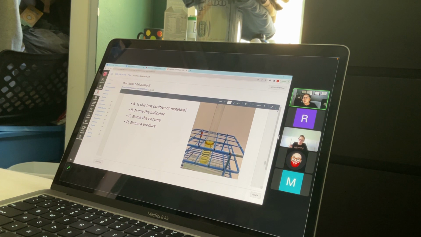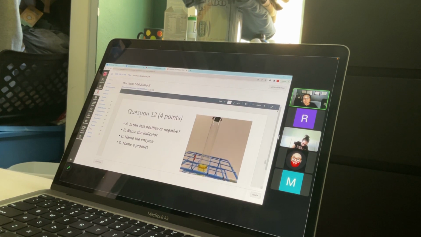Okay. The tube you're going to have will have a red ring on top. That red ring will be a positive result. The enzyme is tryptophanase. The product is in the name because the name of the test is tryptophan hydrolysis or indole production.